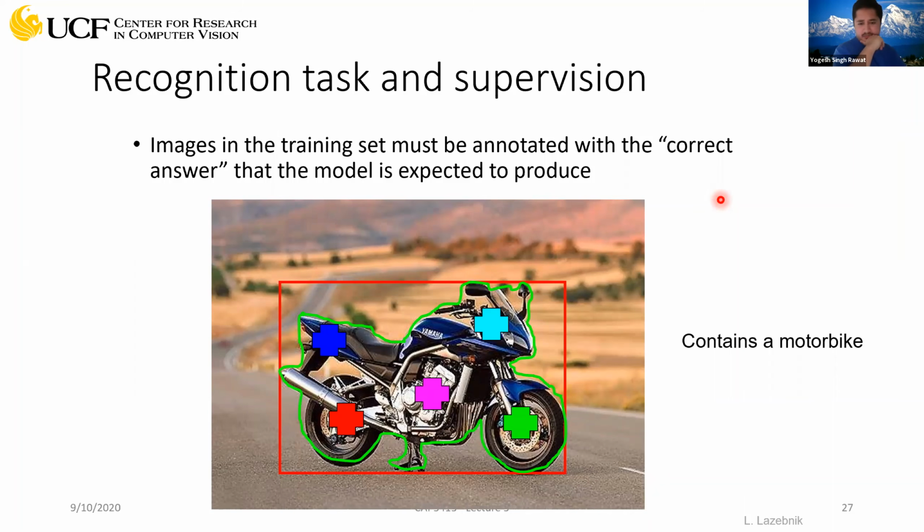For that, you will need more detailed semantic information about your object, that a bike consists of maybe handles, a tank, and two different tires.